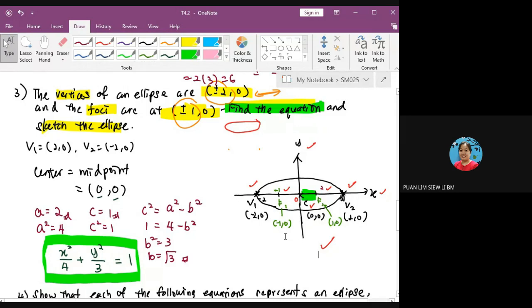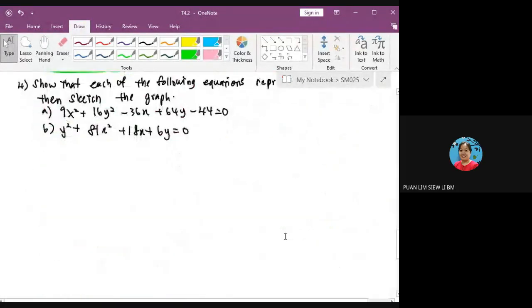Okay, so kita dah siap, kita boleh tengok ke 4. Kita boleh tengok general form daripada ellipse. Okay, so nombor 4.